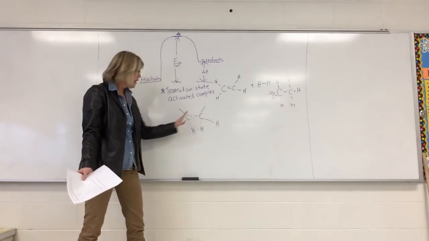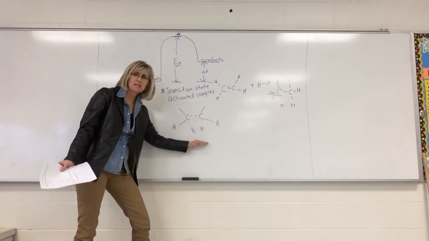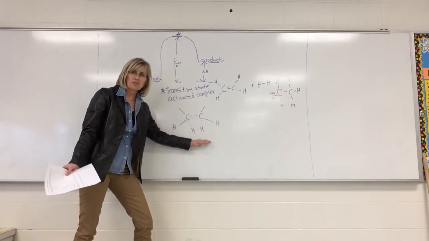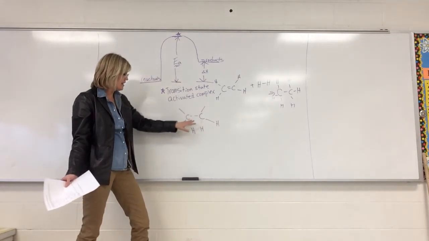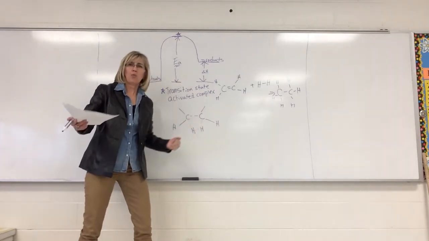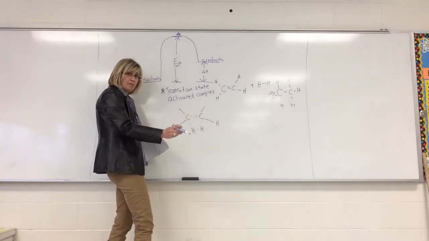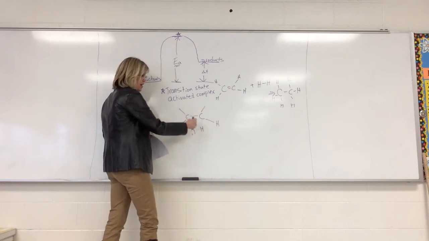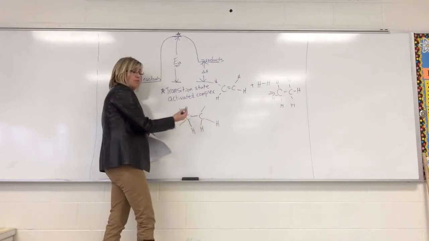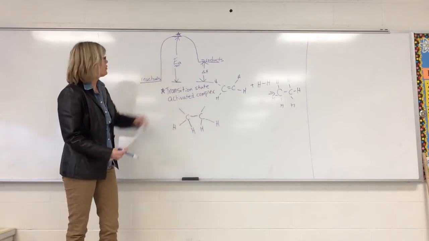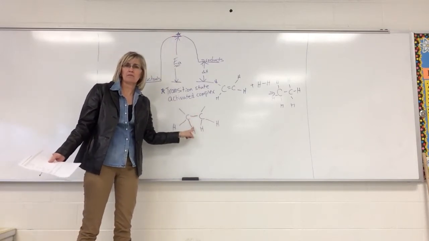So this is the nudge. The activation energy says, I need to get this to collide with sufficient energy and with the right orientation that we can get it to this point where it's deciding what to do from here. Then this bond will break, this bond will break, and we will form this, and this is our product. So we've gone from that transition state into an actual product.